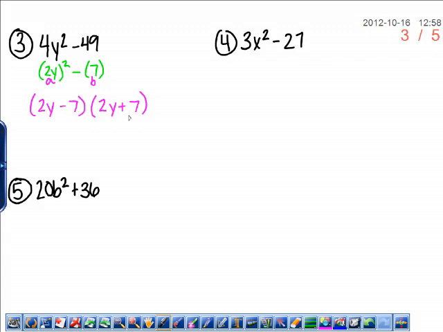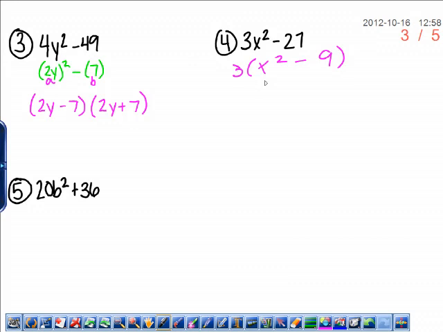All right, look at number 4. Thoughts? Good. GCF. You have to deal with the GCF first. What is our GCF? Okay. So I have 3 times x squared minus 9. Now, can that be factored? Yeah.